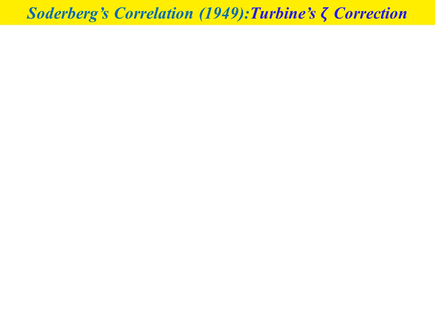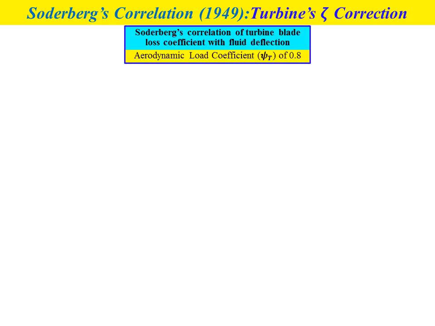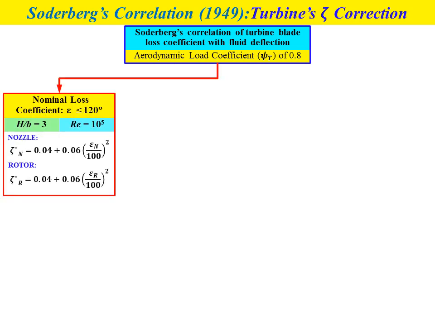Okay, so Soderberg correlation 1949 in terms of turbine loss coefficient correction. In the previous slide, we already learned about the correlation introduced by Soderberg 1949 for aerodynamic load coefficient equal to 0.8, the H over B ratio equal to 3, and Reynolds number equal to 10,000.